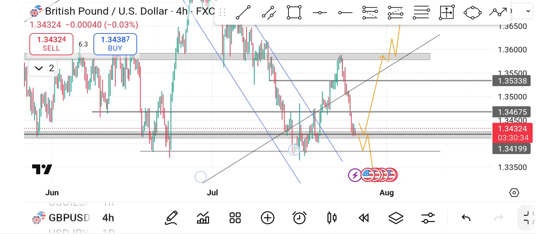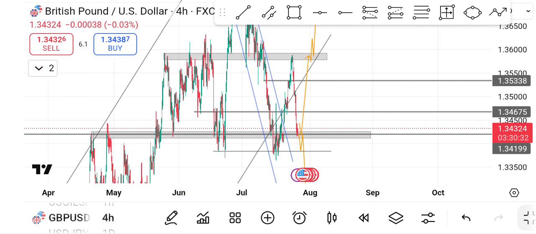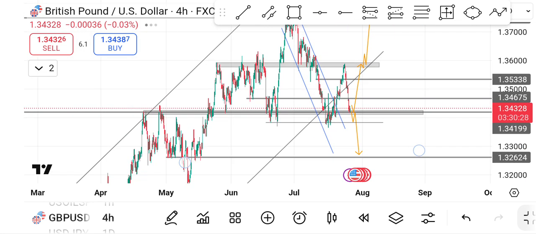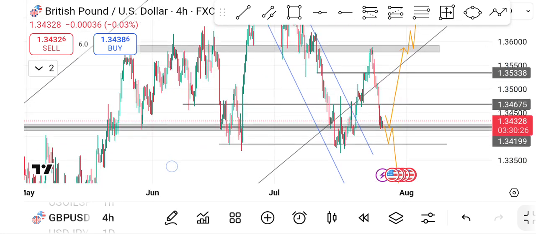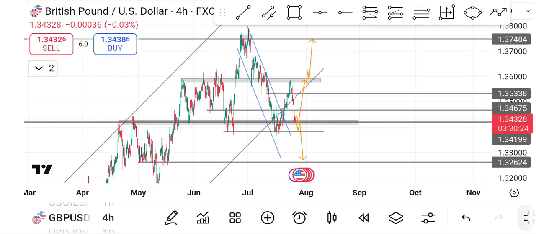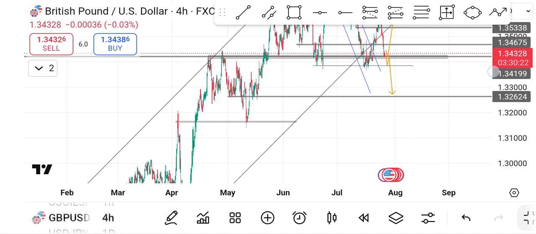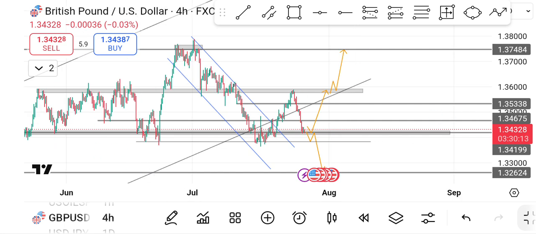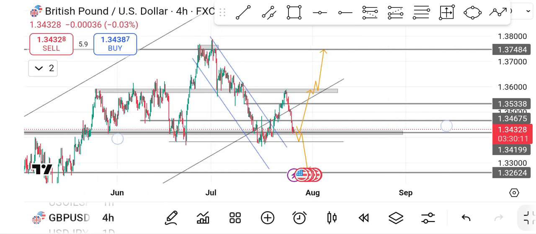So this is what we are having here. You can see that this area has been tested multiple times, right? Price has bounced off that area multiple times. So we are looking at the nice uptrend that has broken out and went back up to retest, and it still does not even look like a retest, to be honest with you. It just looks like maybe it went back in and now it broke out again.